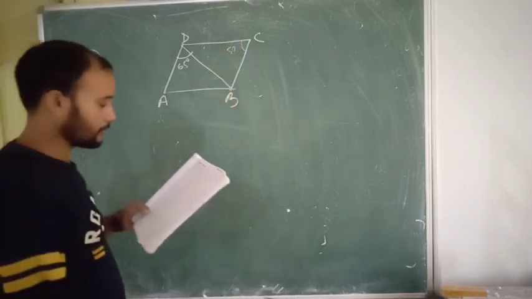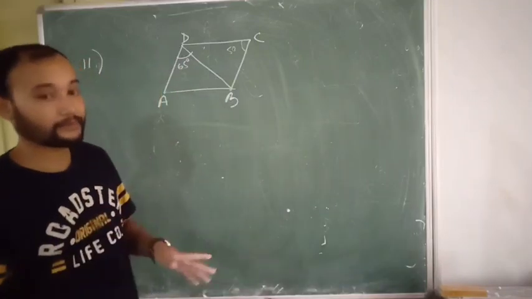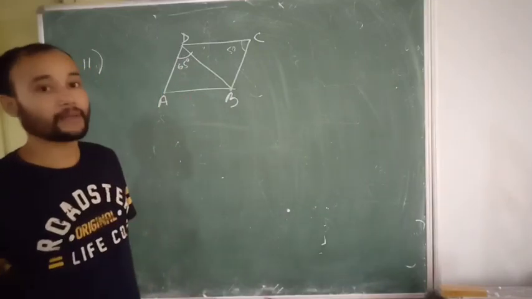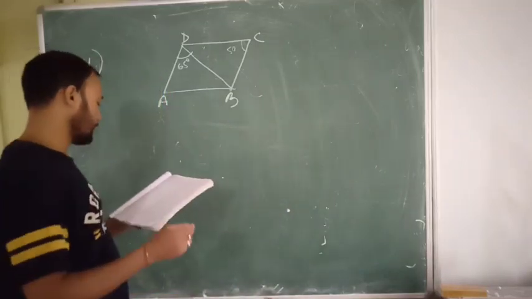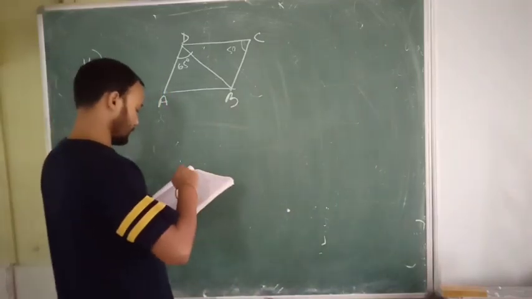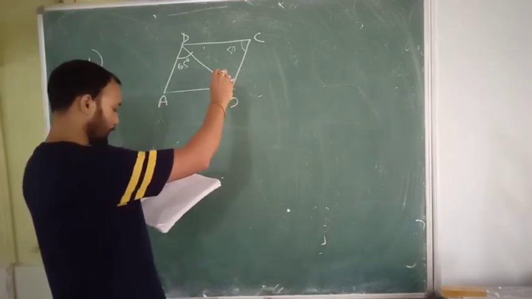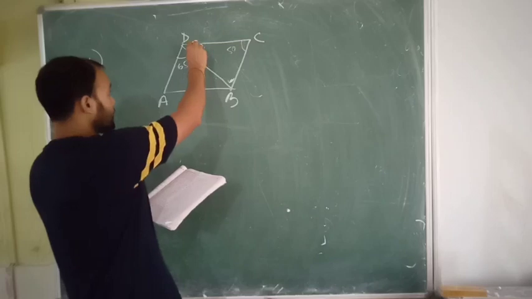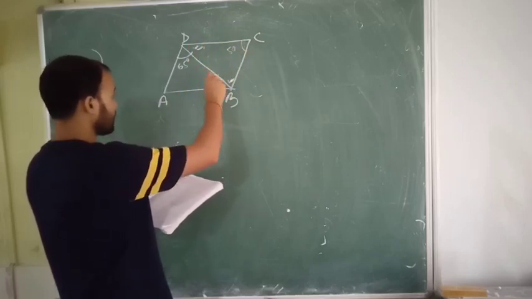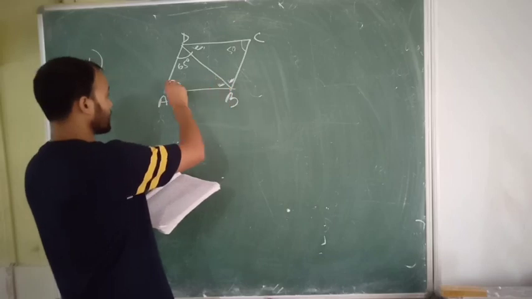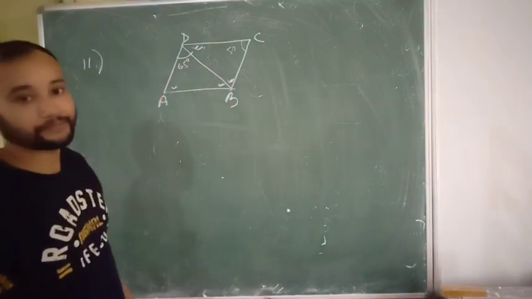This is a particular triangle. Here we are asked to find angle DBC. This angle we need to find, and this angle. The left out angles we need to find.